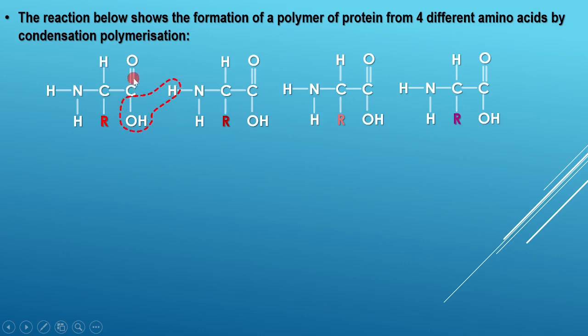How? This amino acid will lose the hydroxyl group. This one will lose the hydrogen. This one the hydroxyl, this one hydrogen. Here the hydroxyl, here the hydrogen. Once this happens, a protein will be formed and water molecules are eliminated, like 1, 2, 3 water molecules.